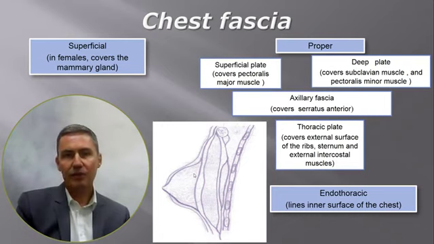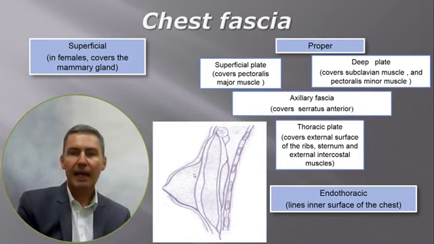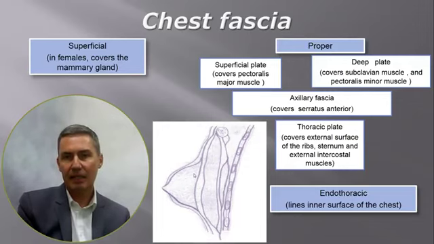The deep plate of the proper fascia covers the subclavian muscle, also the pectoralis minor muscle, and also the muscles located in this region. The axillary fascia is formed because of fusion of the superficial and deep plates. It covers the serratus anterior muscle, which is also located in this region, and then continues to the axillary cavity.